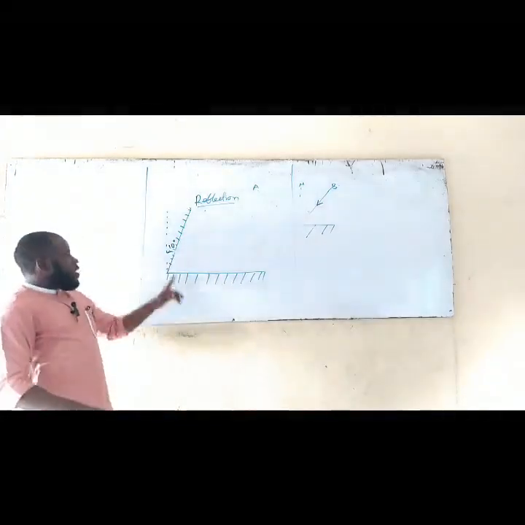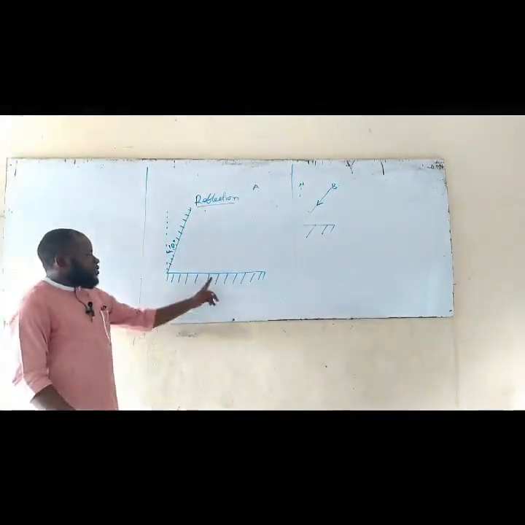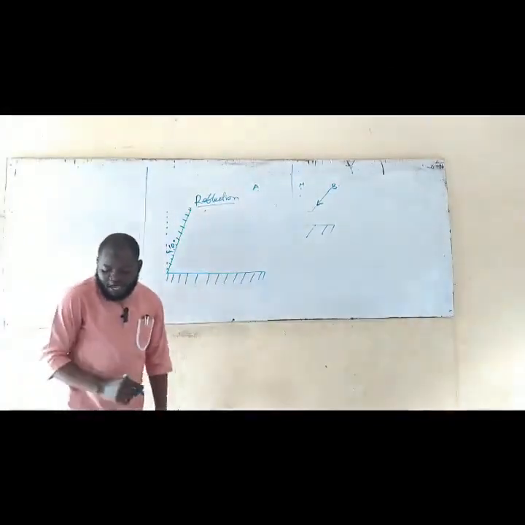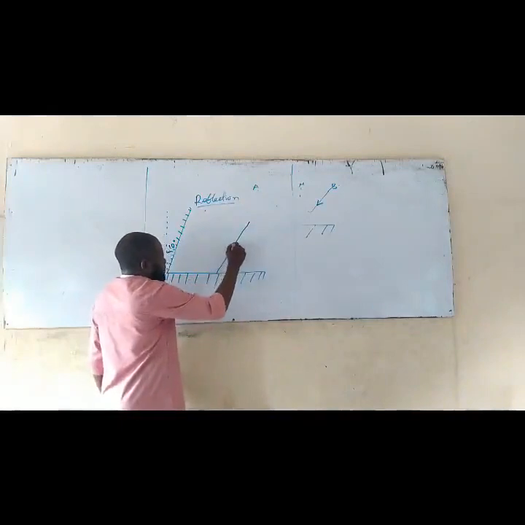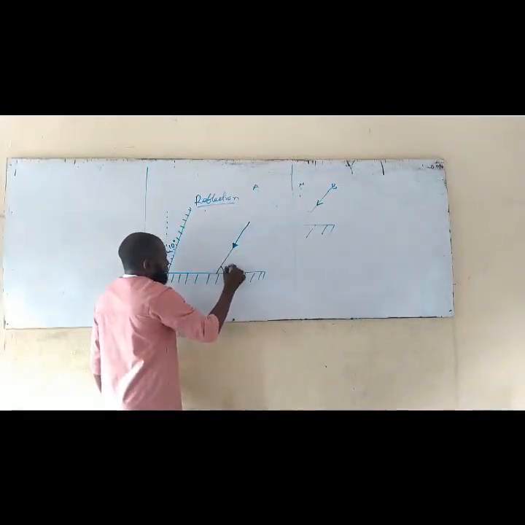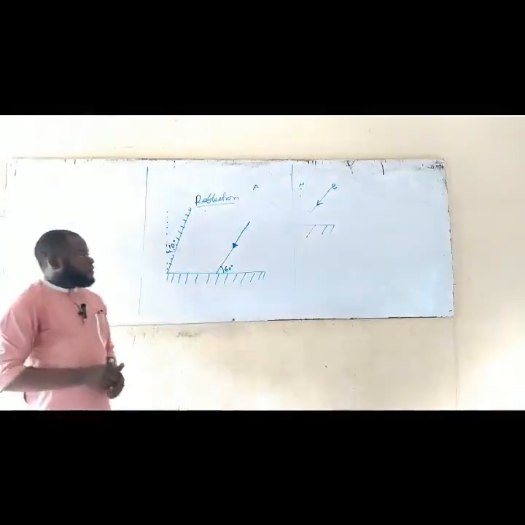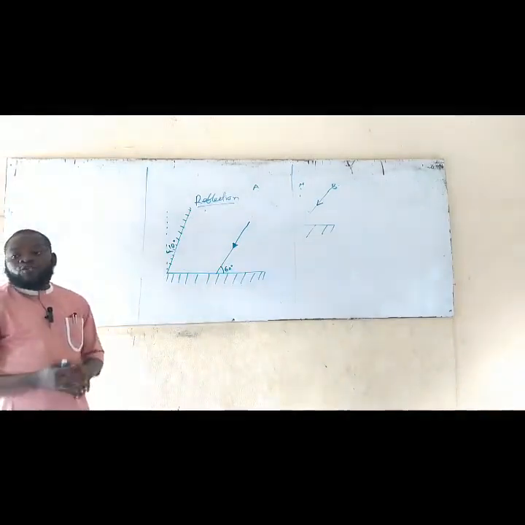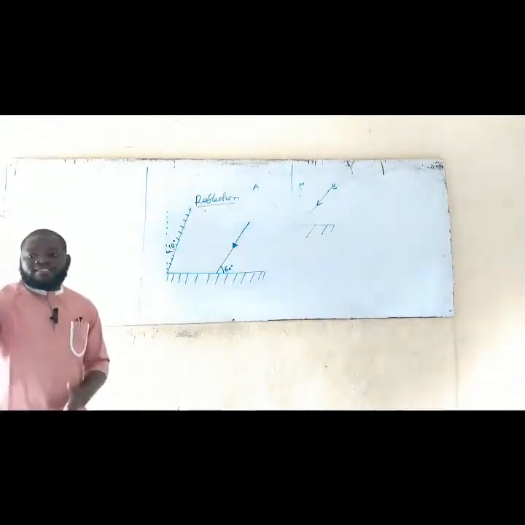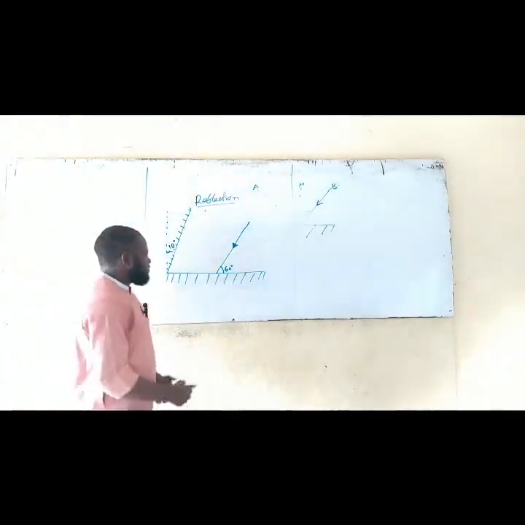So if they are slightly away by 10 degrees, what's the question? The question states that if a ray of light strikes at 60 degrees, we should find the angle between the inbound and the exit ray. So how do we go about that? Very simple.